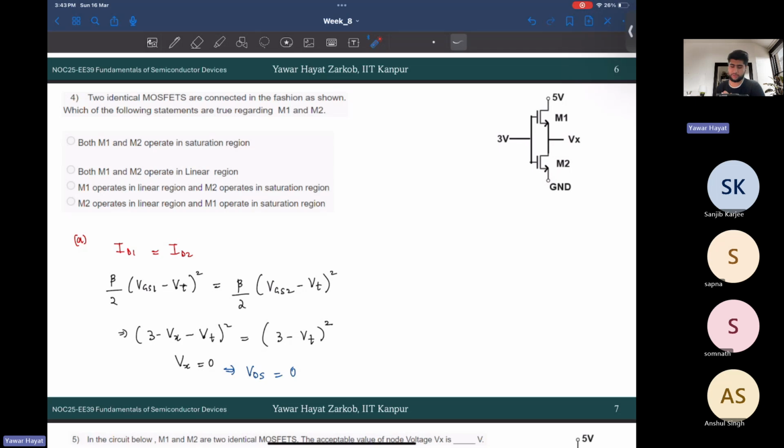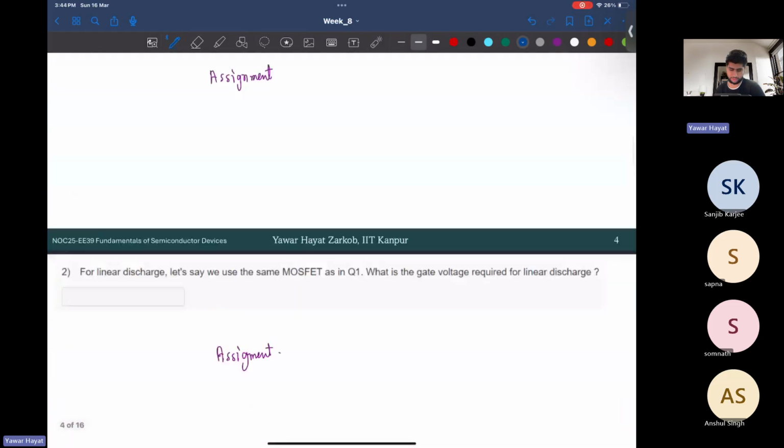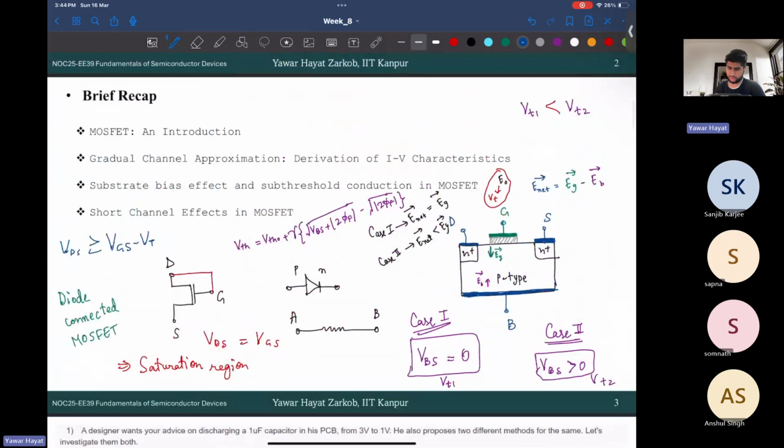And what is the condition that we need for saturation? What do we need for saturation? The condition that we need for saturation, I already discussed some bit.